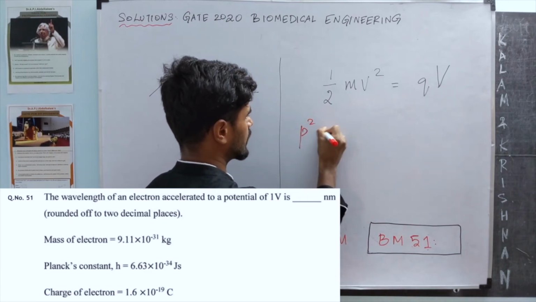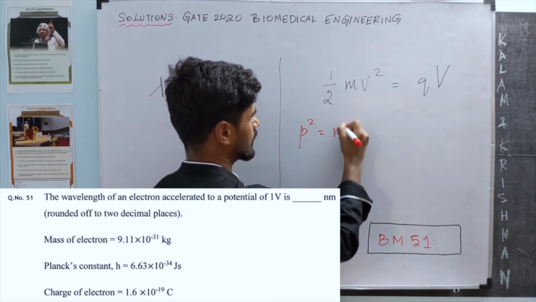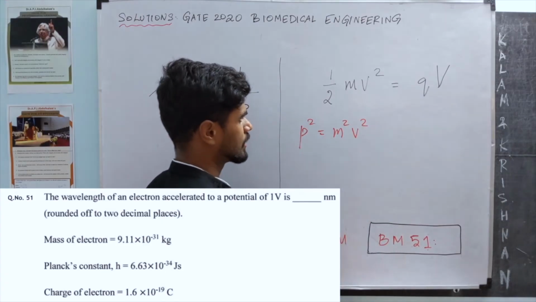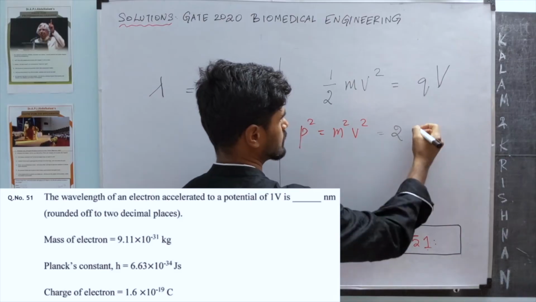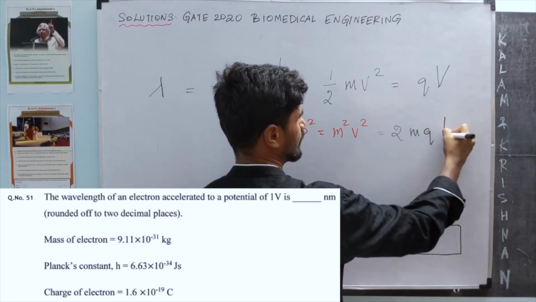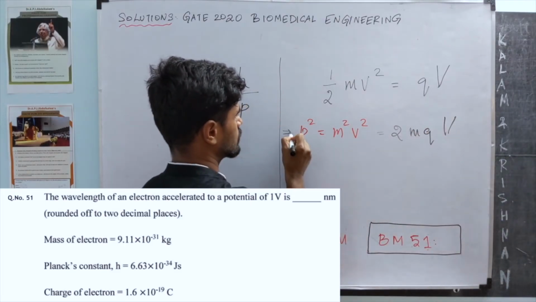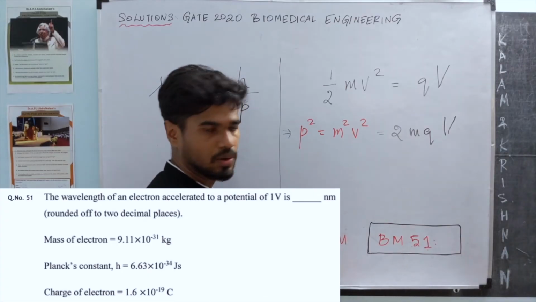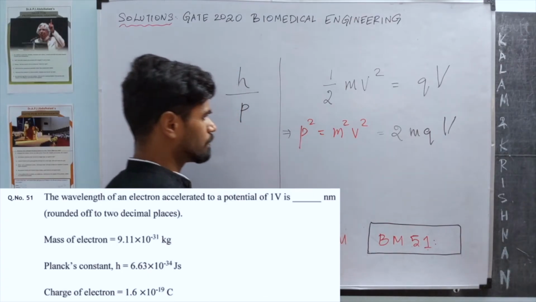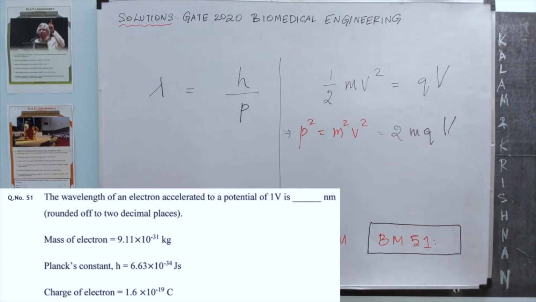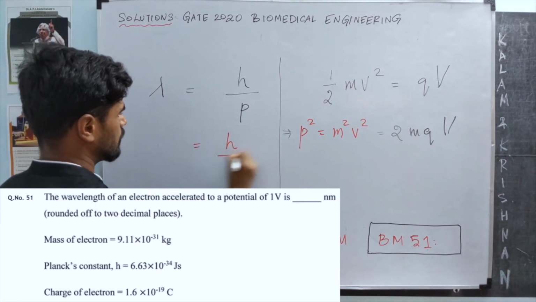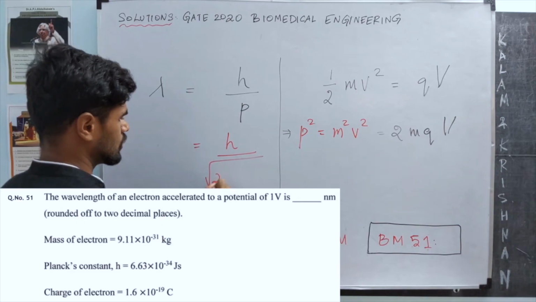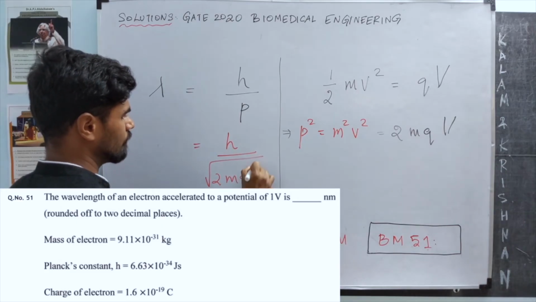You know, p squared is m squared v squared, right? So that is 2 times m q V. So this equation implies this. From this we know p is the root of this term, and we have λ = h by root of 2mqV.